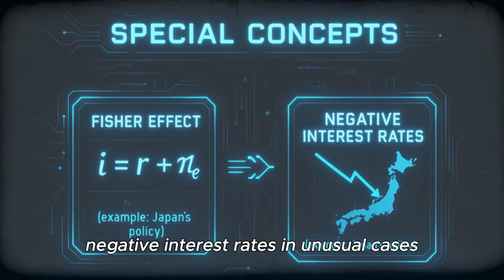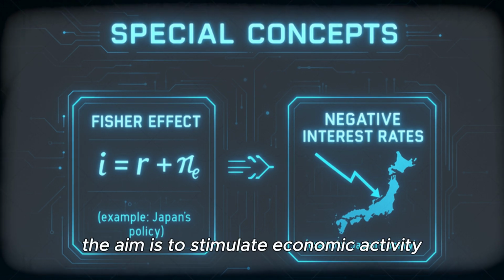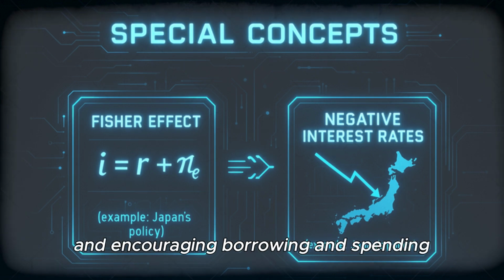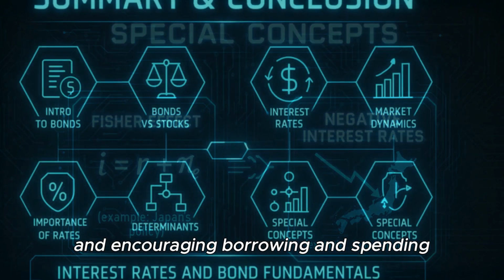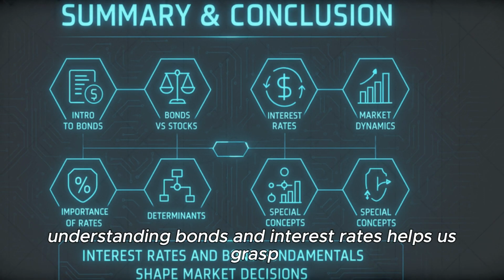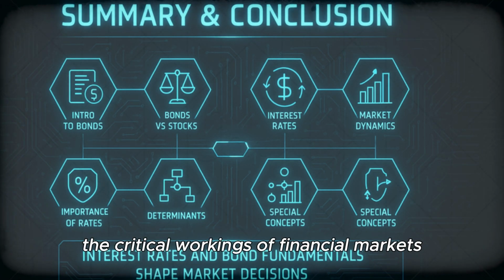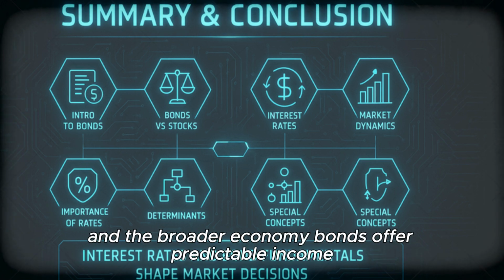Negative interest rates: in unusual cases, central banks set nominal interest rates below zero. The aim is to stimulate economic activity by discouraging saving and encouraging borrowing and spending, as experienced in economies like Japan. Summary: understanding bonds and interest rates helps us grasp the critical workings of financial markets and the broader economy.